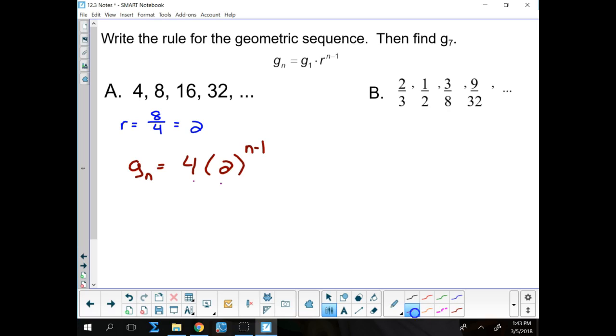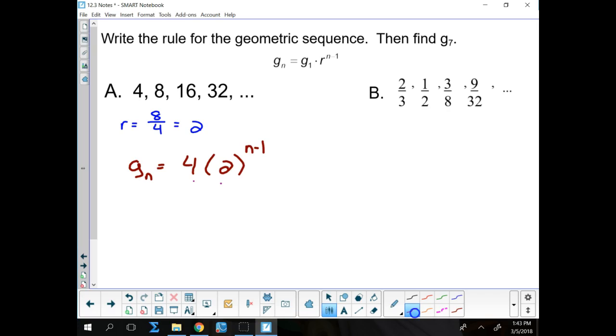You got to fight that urge. It's not 8 to the n minus 1 power. You first have to do the exponent, and then take the r to that exponent, and then multiply it by the first term. Okay? Logic and your brain are going to get you farther than just trying to type it in on a calculator.